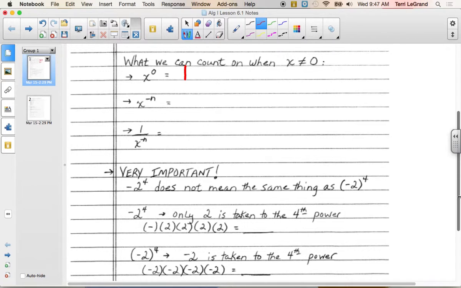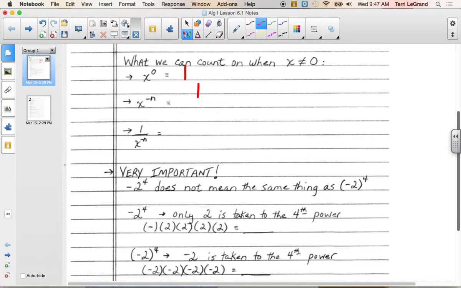What can we count on always for when we have that variable being taken to a negative power, where n is the power, we're saying it's a negative n. What can we count on if we have a non-zero number? Well, how can we rename x to the negative n power? Somebody want to offer up exactly what I should write here, Courtney? 1 over x^n.